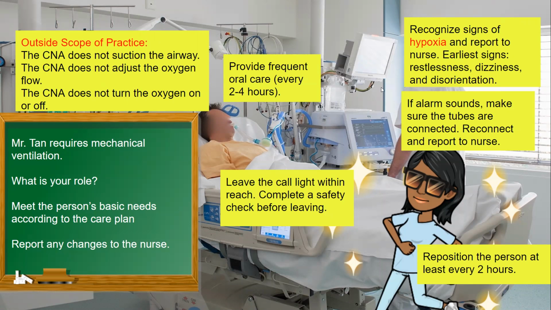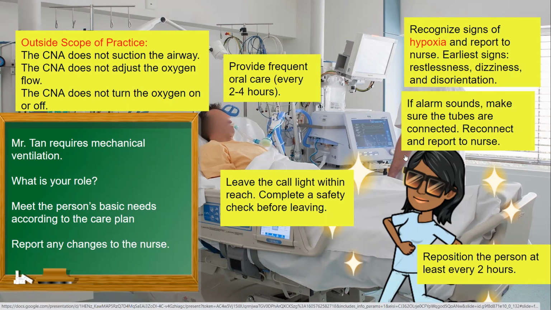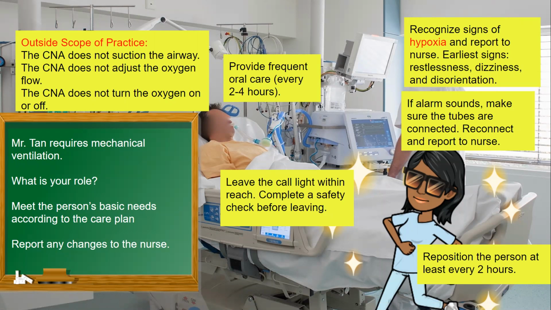Things that the CNA must remember are to recognize signs of hypoxia and report to the nurse. The earliest signs might be restlessness, dizziness, and disorientation. If alarm sounds, make sure the tubes are connected, reconnect, and report to the nurse.